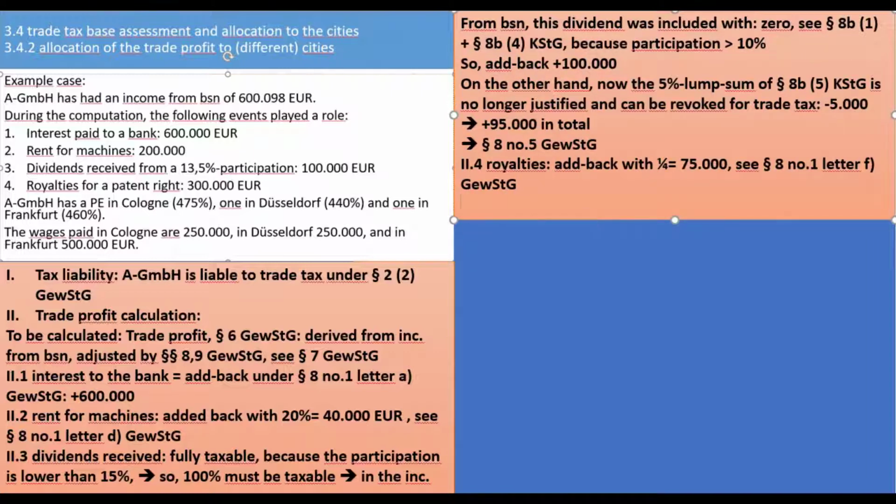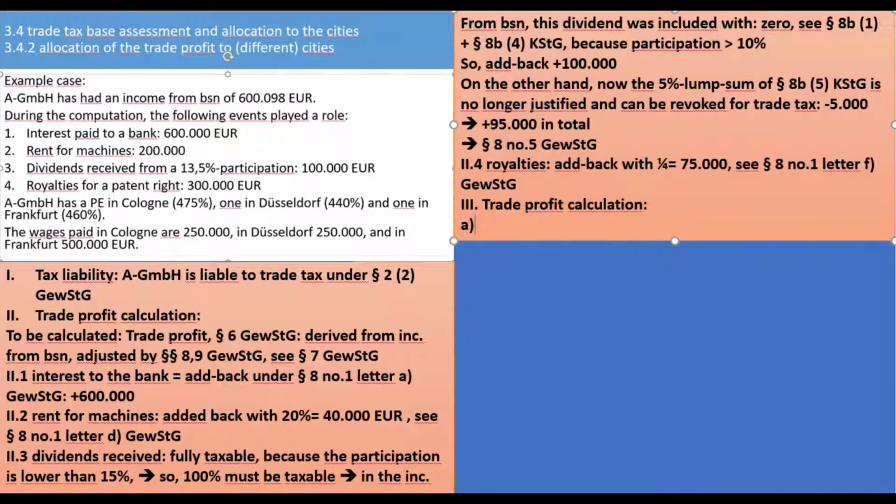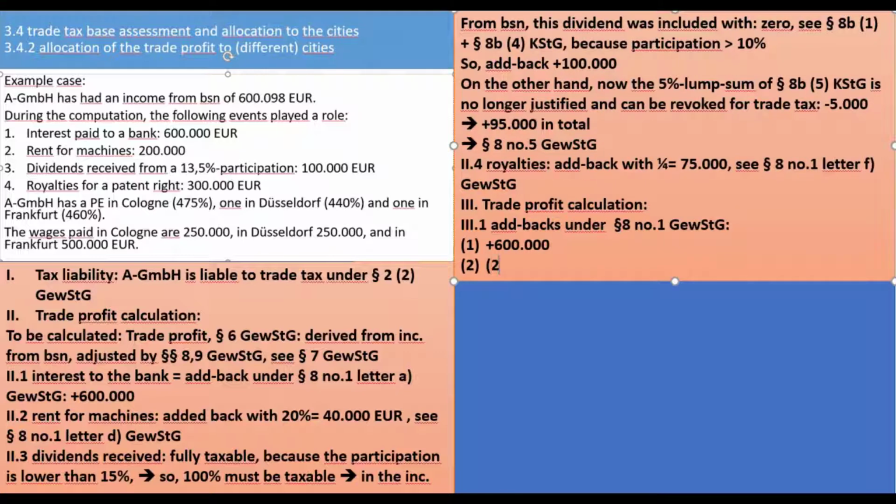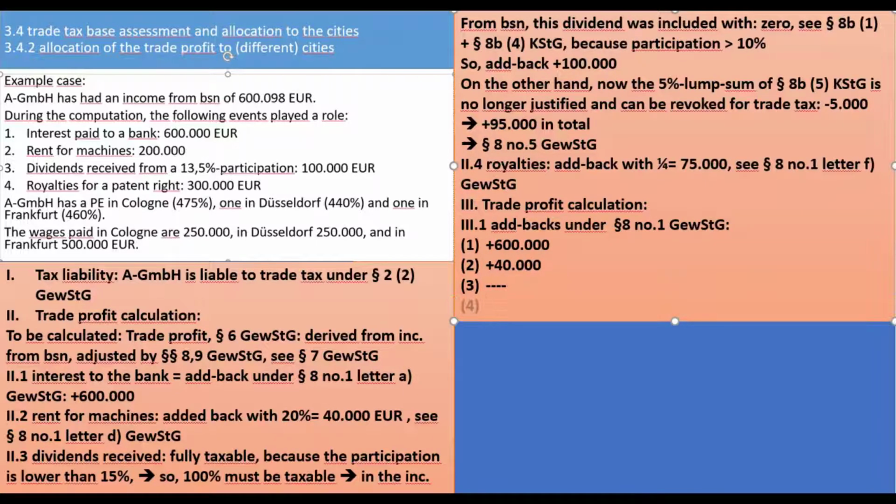So we end up with a trade profit calculation, and we have the first of 3.1, the add backs under paragraph 8, number 1, Trade Tax Act. Because of entry number 1 plus 600,000, because of entry number 2 we have plus 40,000, because of number 3 we have nothing, because that was the dividend, and another position, and we have 75,000.